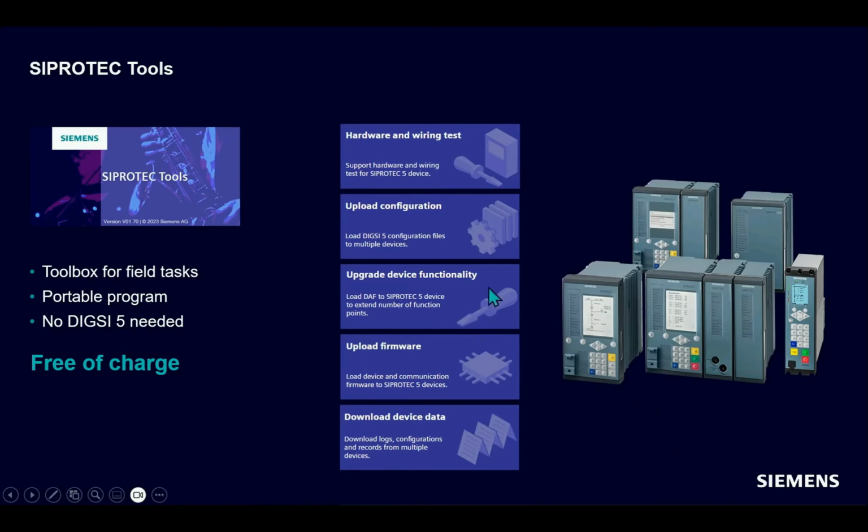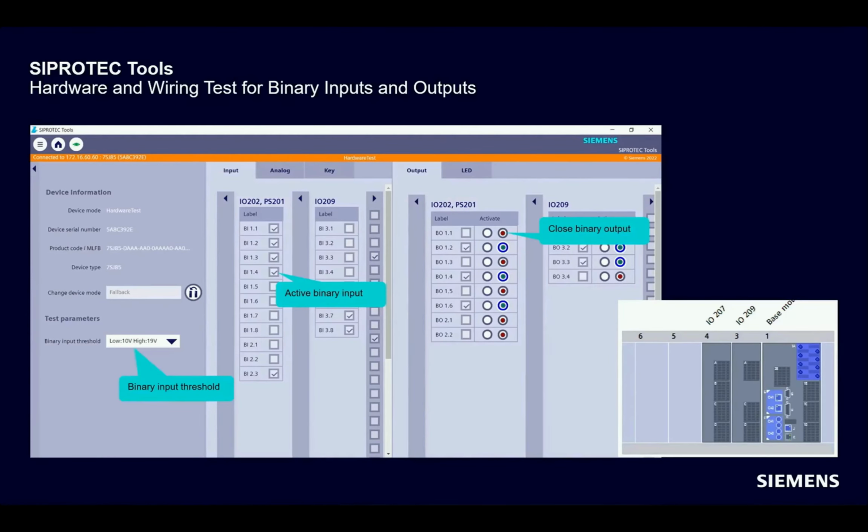You can upgrade the device functionality, and you can download device data, process data, and configuration from the device onto the PC. The idea is if someone is in the substation and does not have DIGSI 5, he can make use of these functions and bring the result back to the office where someone is with a DIGSI 5, or also the other way around. Let's have a look at the hardware and wiring test.